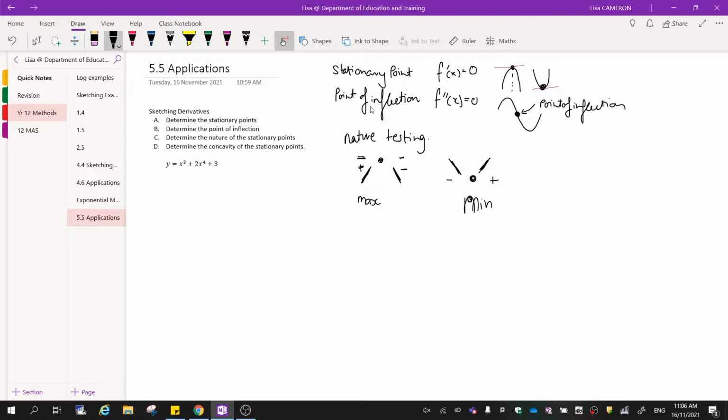Now, there is one other type of point that we can talk about, and it is a stationary point of inflection. Now, to be a stationary point of inflection, that means you have to have your first derivative equal to 0 and you need your second derivative to equal 0. If both of those statements are satisfied, then it means that you are both having a gradient of 0 and you are changing your concavity.